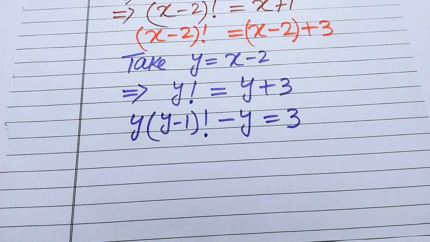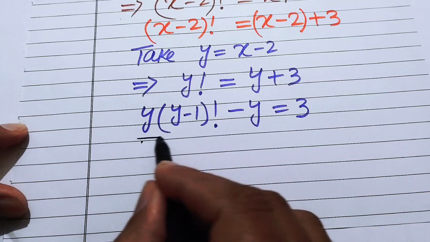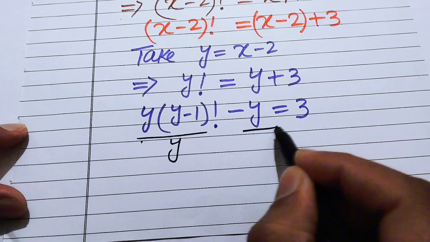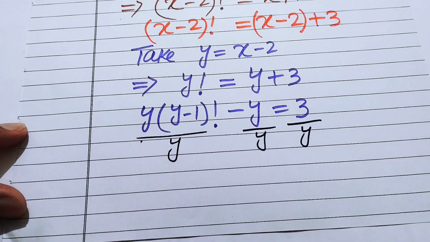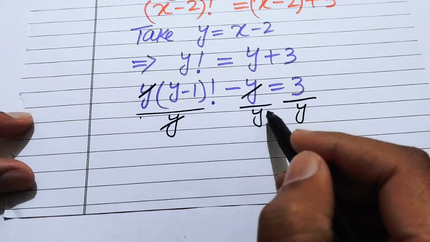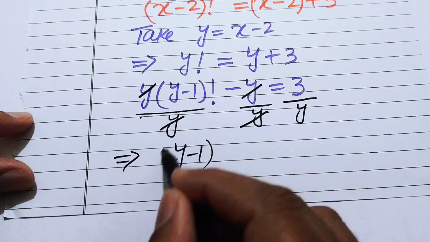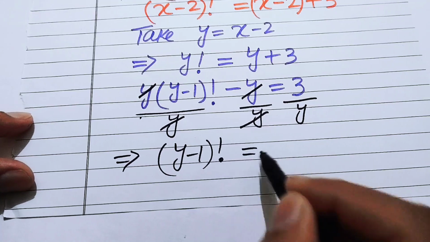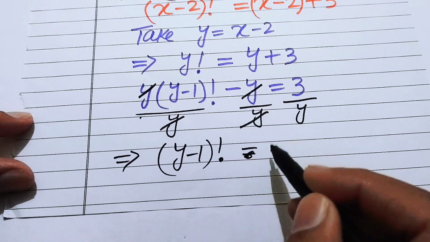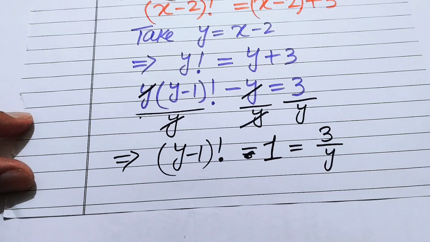So now you will focus on both of the terms and you see that we have y as a common term. So we divide each term by y on both of the sides in this form, and you will obtain that these are cancelled by each other, these are also cancelled by each other, and we obtain on the left hand side (y minus 1) factorial equals, sorry, this is minus 1 equals 3 over y.